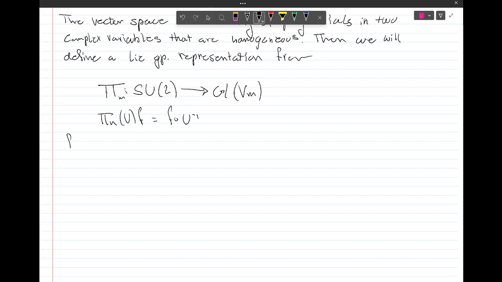Now, of course, these polynomials will look like the following. Right, z1, z2 for the two complex variables. Maybe I want to write it the other way.